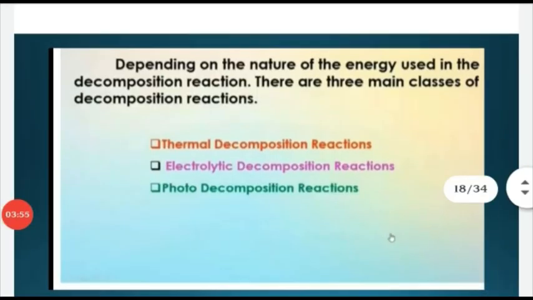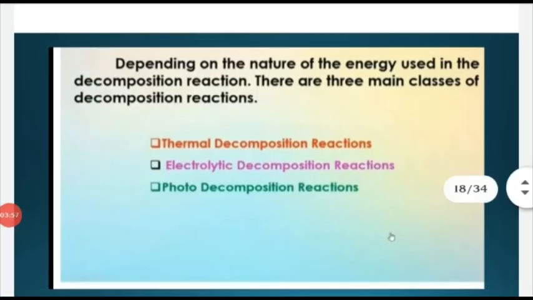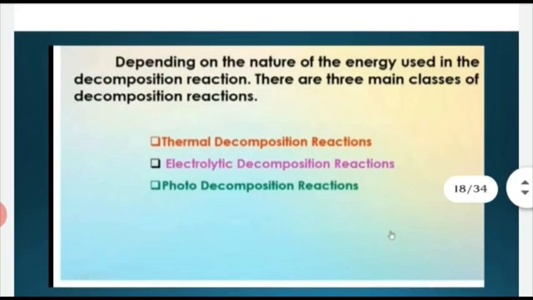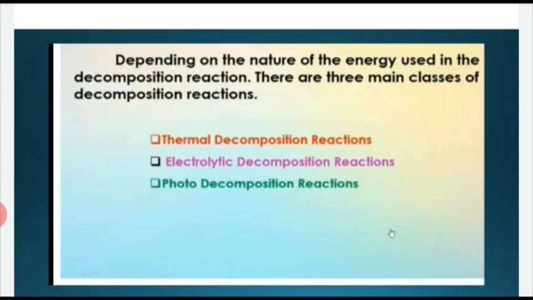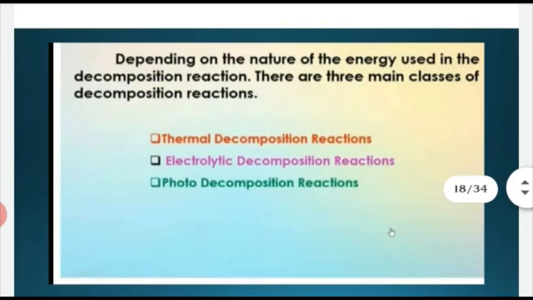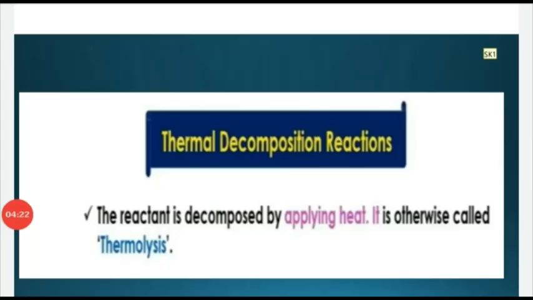Next, depending on the nature of the energy used in the decomposition reaction, there are three main classes of decomposition reactions. The first one is the thermal decomposition reaction, the second one is the electrolytic decomposition reaction, and the third one is the photo decomposition reaction.